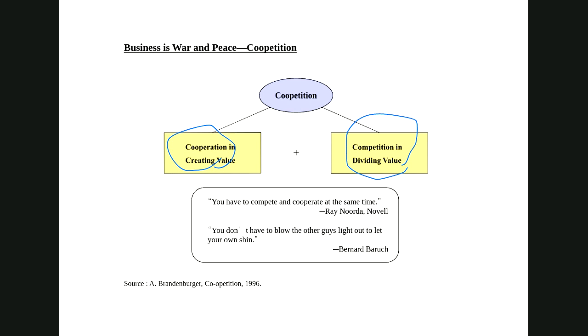Co-opetition strategy. There is no eternal enemy. There is no eternal friend in the business market. You have to compete and cooperate at the same time. You don't have to blow the other guy's light out to let your own shine. So don't blame somebody. Don't make eternal friendship.